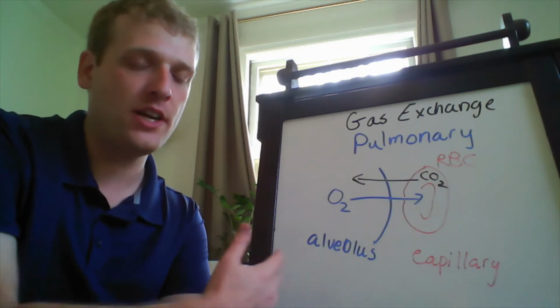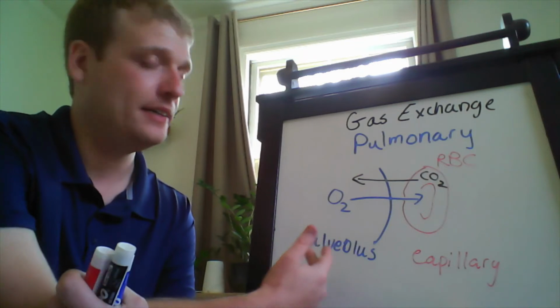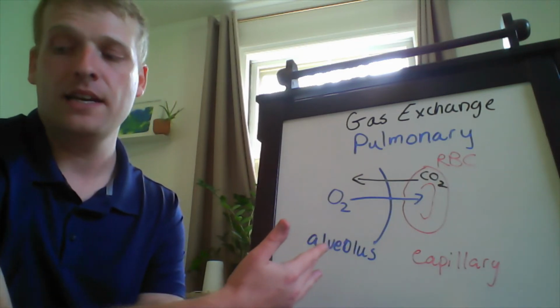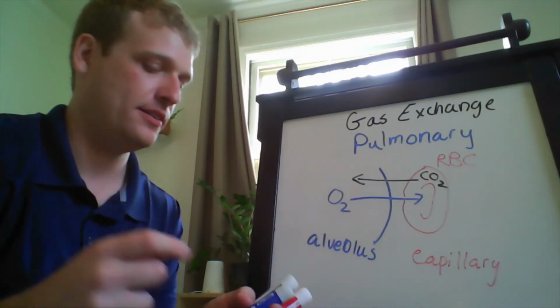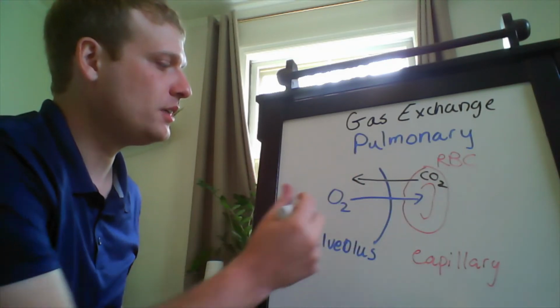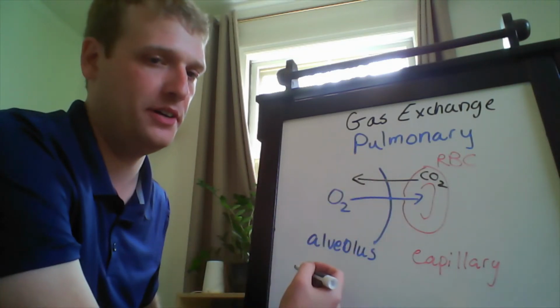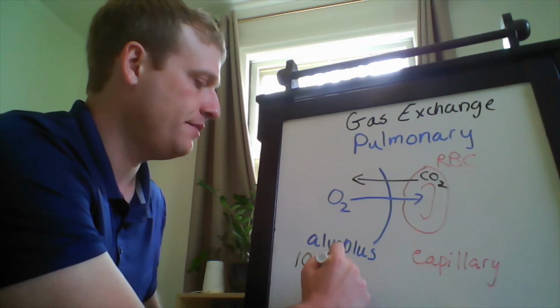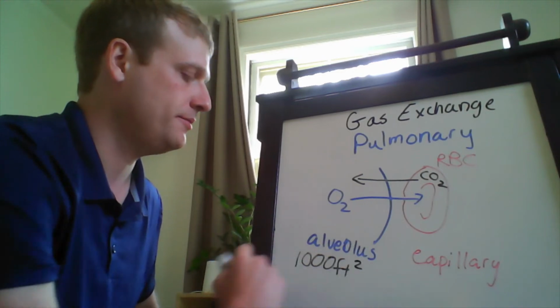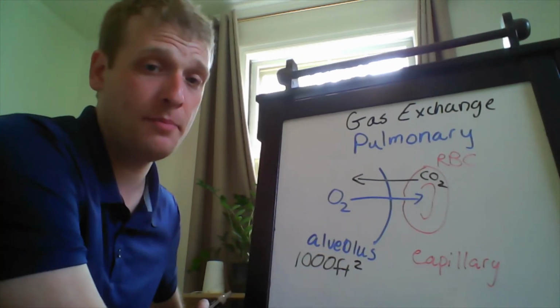Now this exchange can be affected by a few different properties, and one of those is, what is the total surface area? So remember, all of these membranes in the alveoli combined is about 1,000 feet squared. That's a lot of membrane.